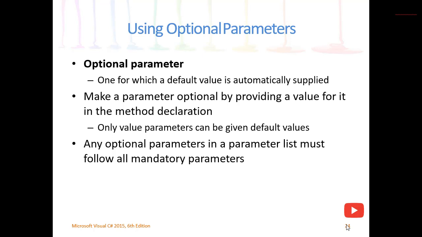So value, reference, output, and params, okay? Those were the mandatory parameters. Now we have the other major category, which is the optional parameters. Optional parameters, as the name says, are not required to be sent over because they have a default value, okay?